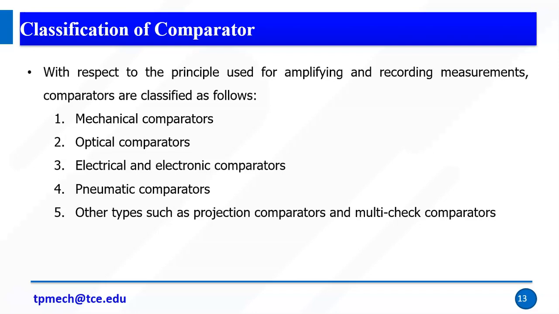Pneumatic comparators use air. Then there are other types like projection and multi-check comparators. So based on the working, construction, magnification, and working medium, we have four classifications. If you use a spring or other things, then we say mechanical. If you use a light source, then we say optical. If you use inductance or electrical characteristics, then we say it's electrical and electronic. If you use air, then we say it's a pneumatic comparator. Right? That is the classification of comparators.